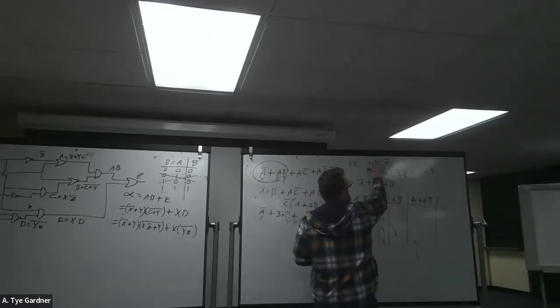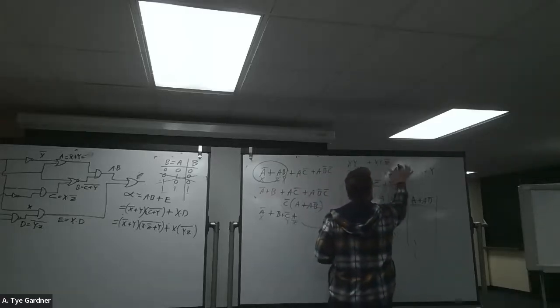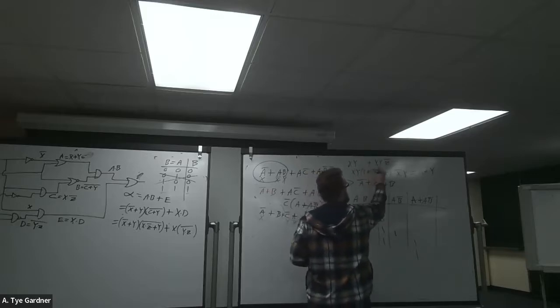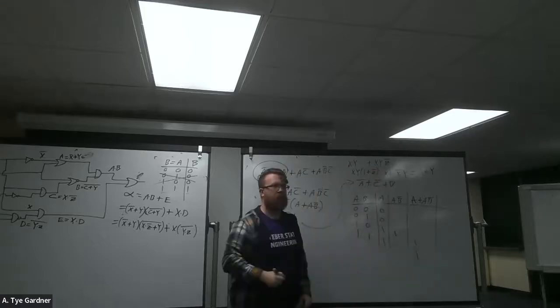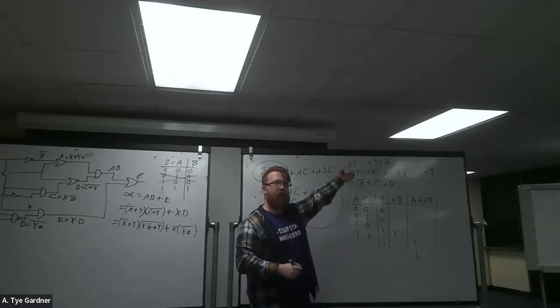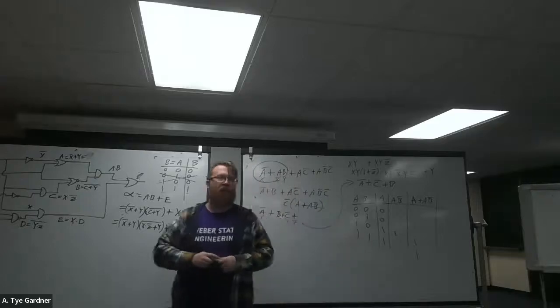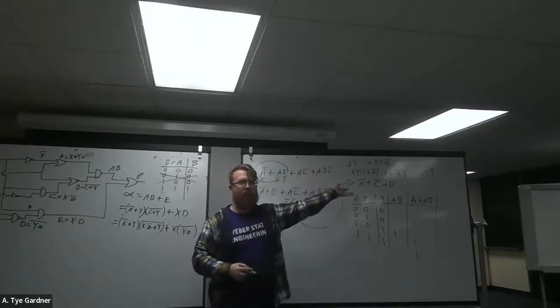And the other way to look at that in this case, which is really useful, is I can factor out the X and Y, which becomes 1 or not Z. And what is 1 or not Z? 1. So this not Z goes away. So I hope that's 3 different ways to express the same thing.